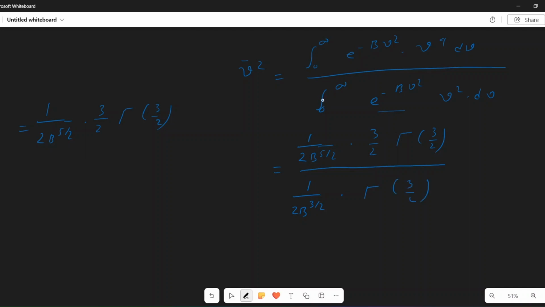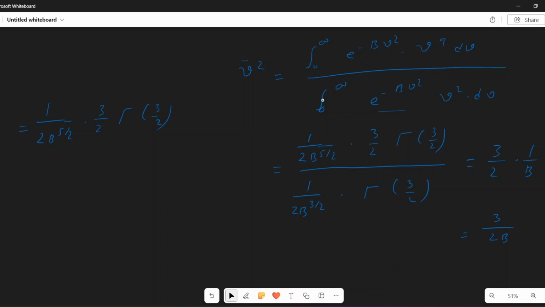So from this expression, the common terms will be cut out, and we have 3 by 2 into 1 by b, which is equal to 3 by 2b. This is how we have found the value of b.